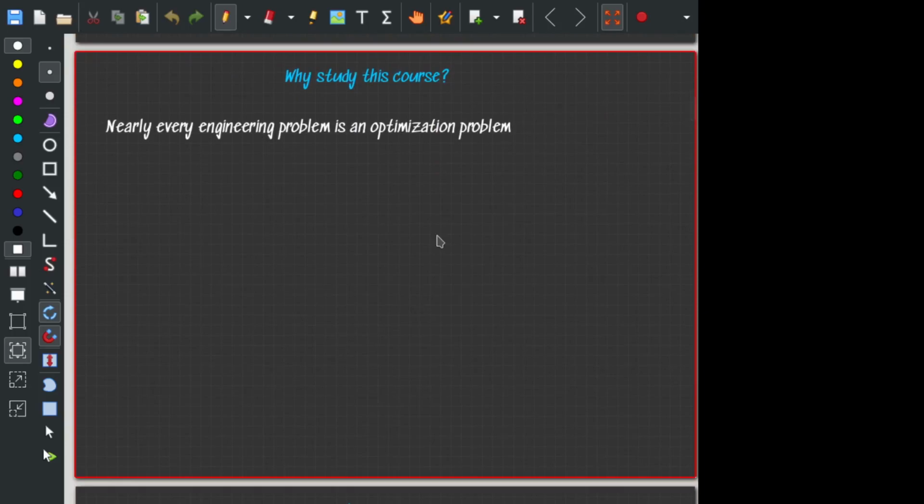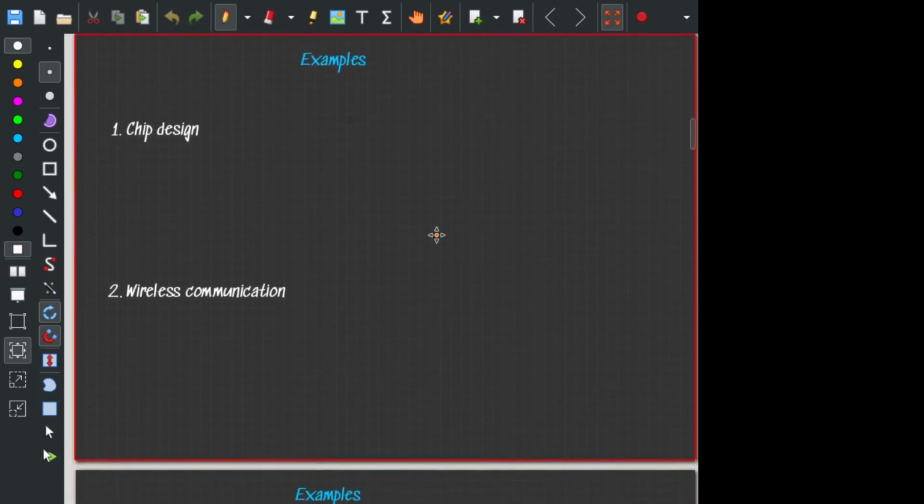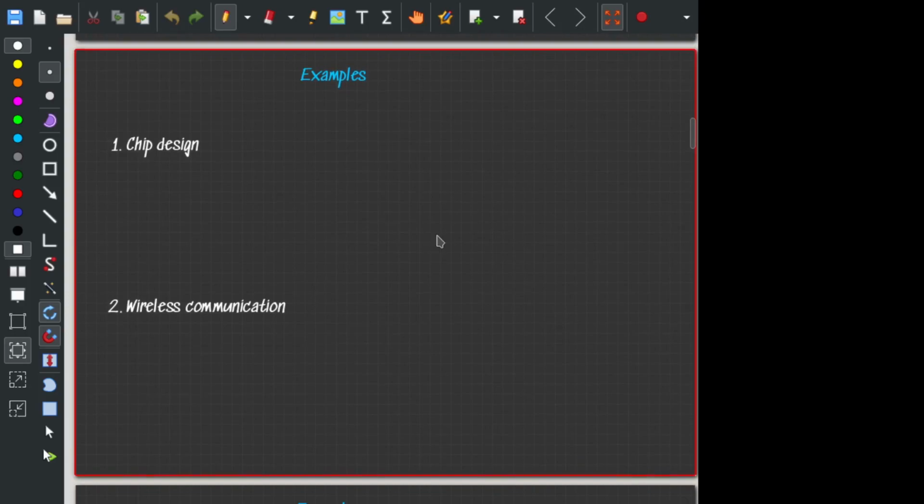So let's just see some quick examples of optimization problems, right? One example is chip design. What is the problem over here? Let's say you want to implement a processor, which may be a 32-bit processor. What kind of constraints do you have?